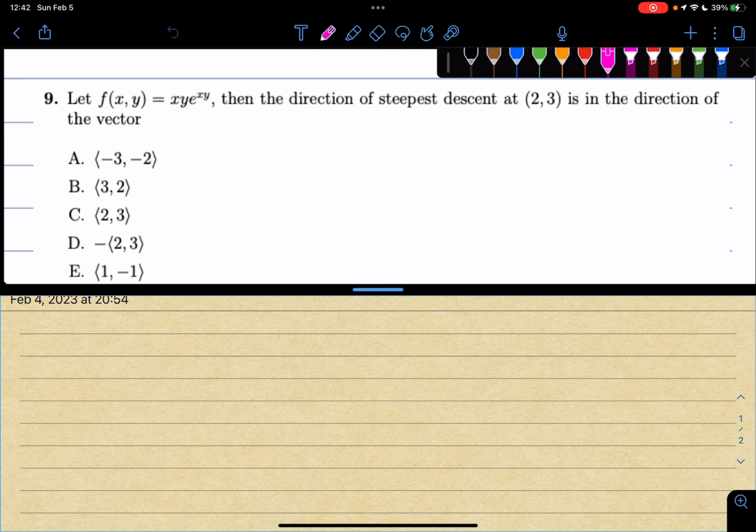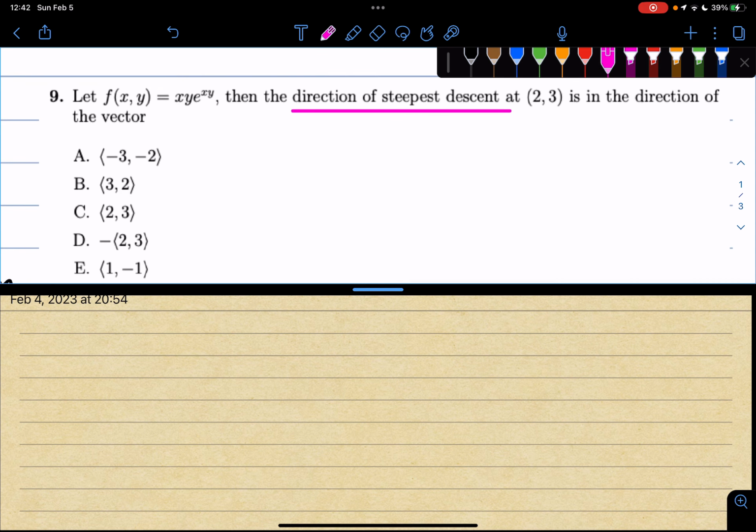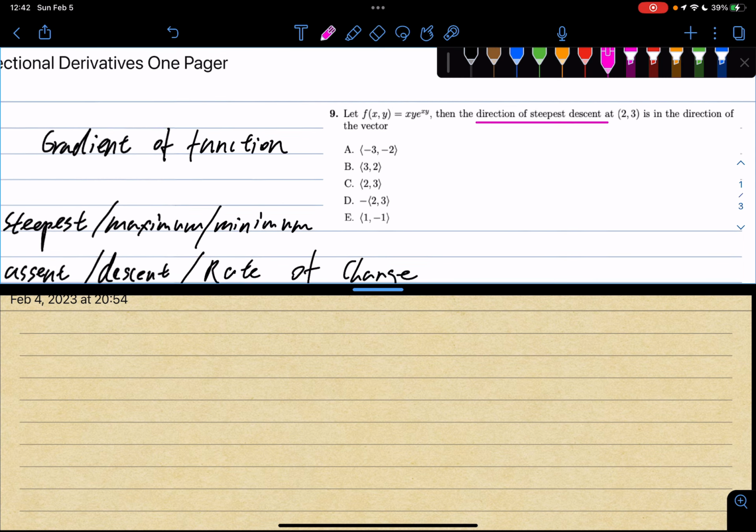The biggest giveaway in this question is the direction of steepest descent. Anytime you hear the words descent, ascent, that tells you it has something to do with rate of change, in terms of values.